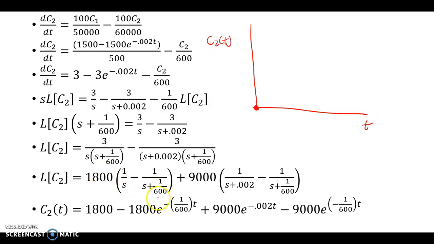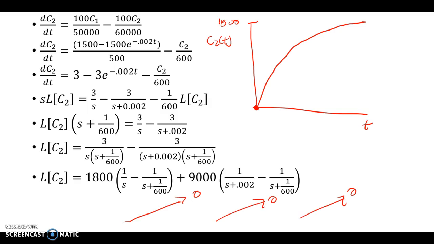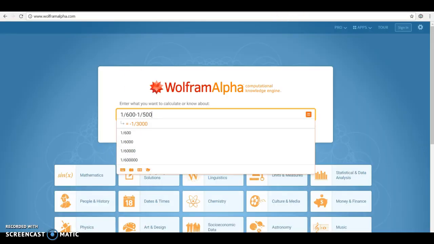Okay, so in the long run, these three terms will approach 0 because they're decaying, and so in the long run, I'm going to have an asymptote here of 1,800. The thing I wanted to point out is that these two lakes approach different saturation points. One approached 1,500, and the other approached 1,800.